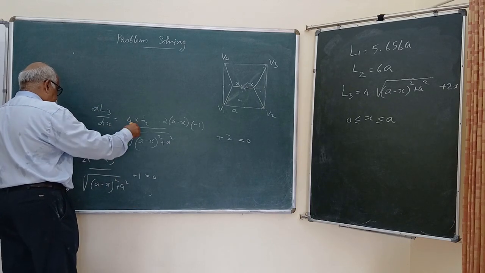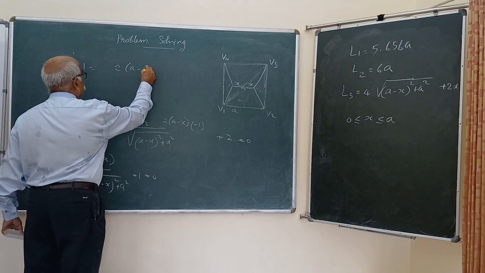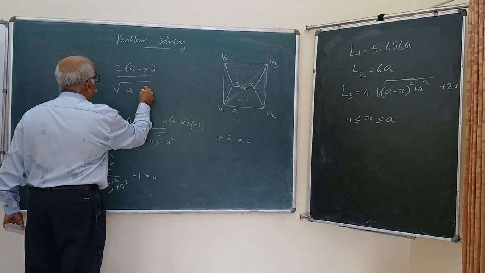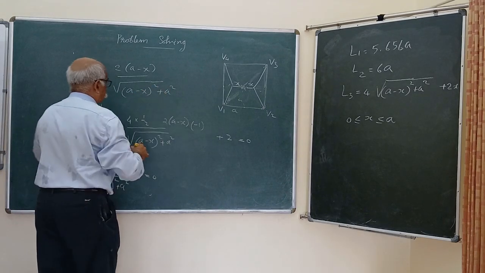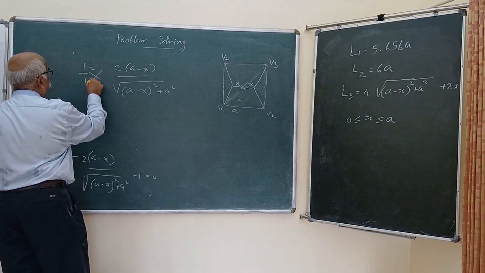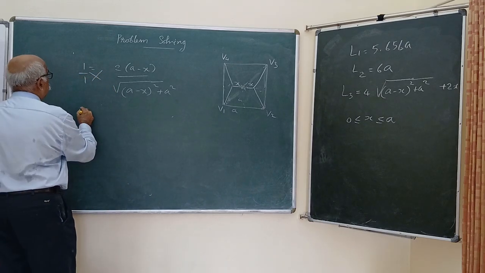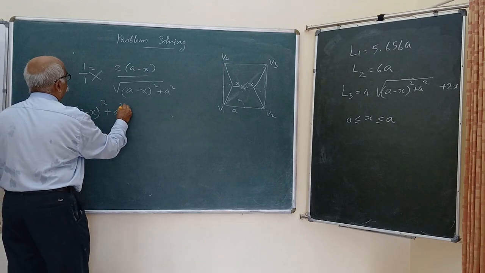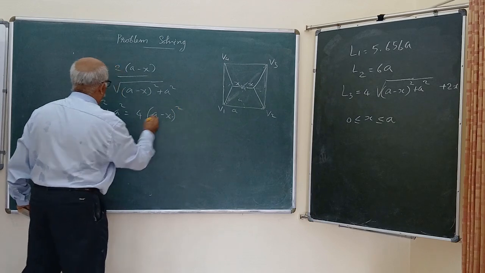Taking this to the other side, 1 is equal to 2(a minus x) divided by the square root of (a minus x) square plus a square. Cross multiplying and squaring, we get (a minus x) square plus a square is equal to 4(a minus x) square.